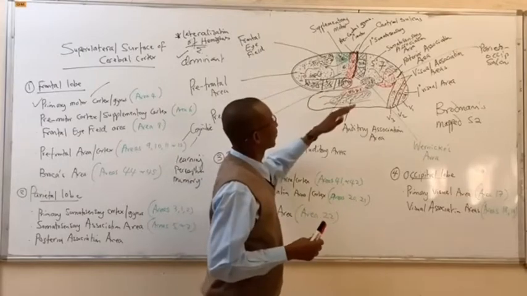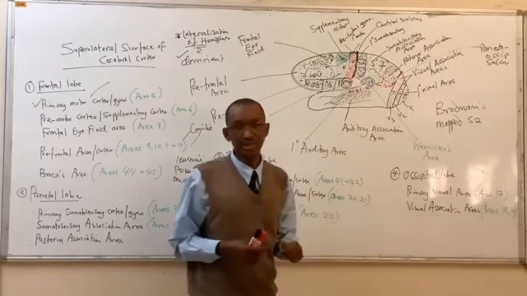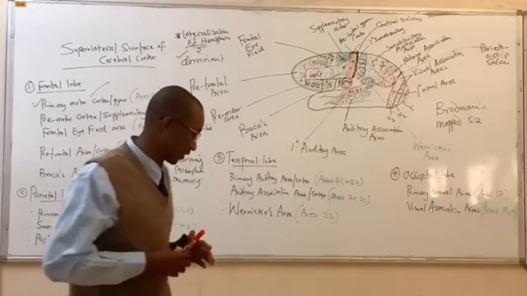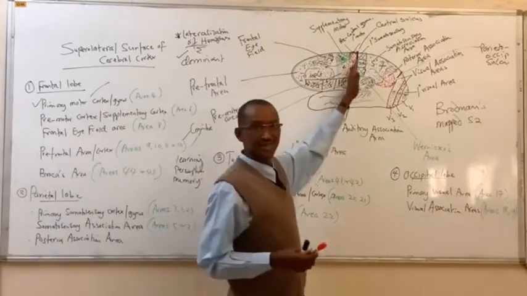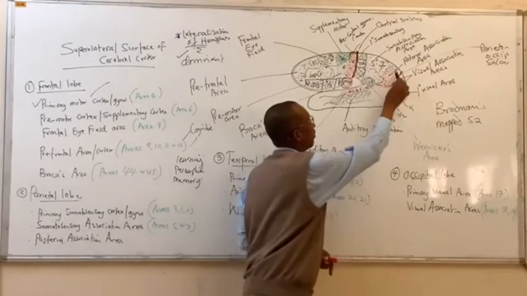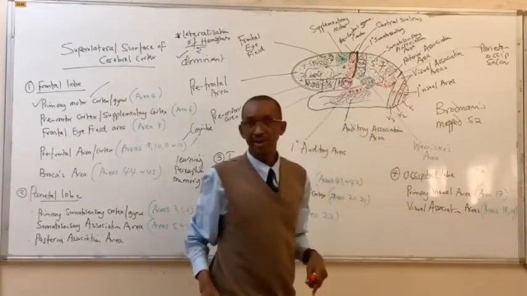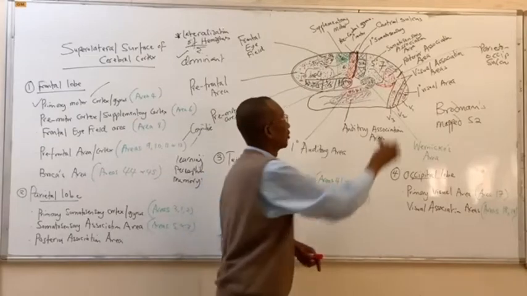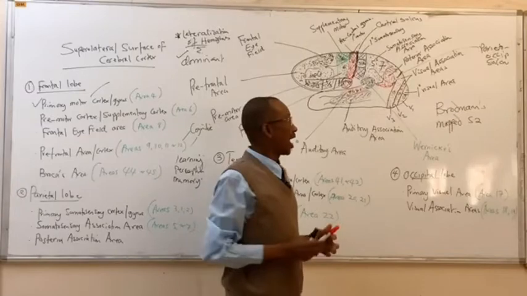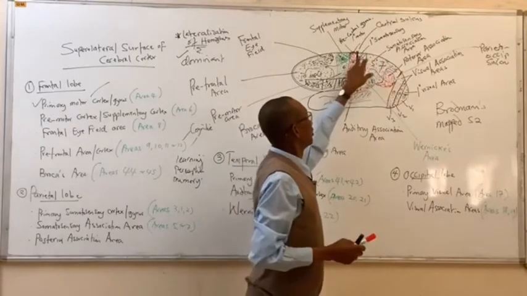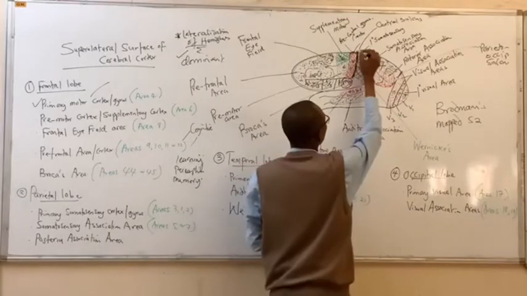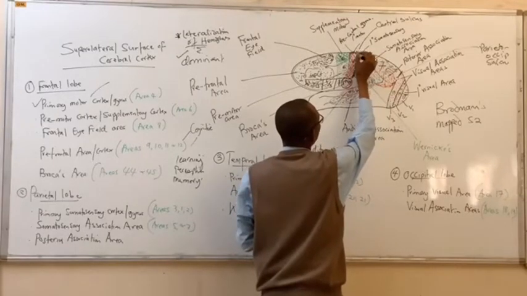So we've seen that. Now the next one is the parietal lobe. If you can remember, we said that it is lying behind the central sulcus and anterior to the parieto-occipital sulcus. So all this area here is our parietal lobe. Just behind the central sulcus there is also a bump, a gyrus.